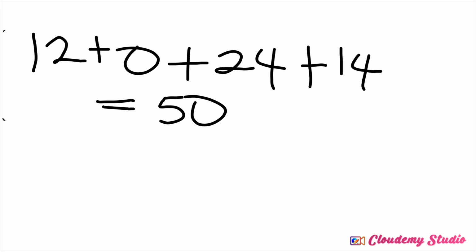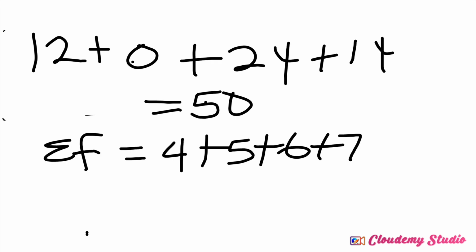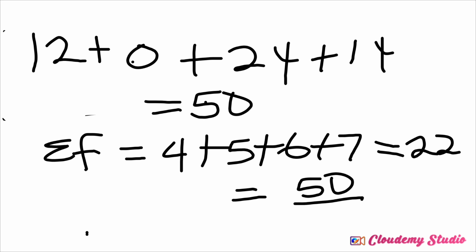Now, what's the sum of frequency? The frequency is 4 plus 5 plus 6 plus 7, so we have 22. The sum of the frequency is 22. So we divide 50 by 22. The mean is 50 divided by 22.